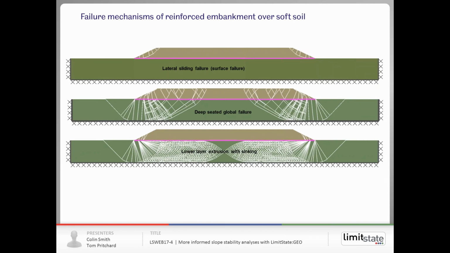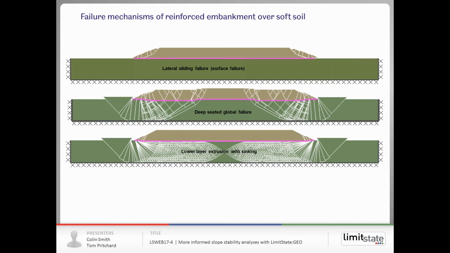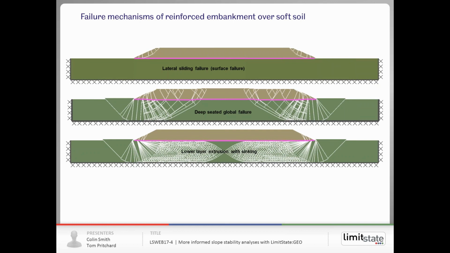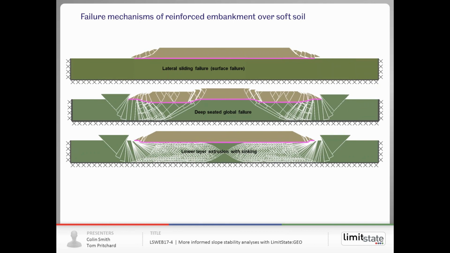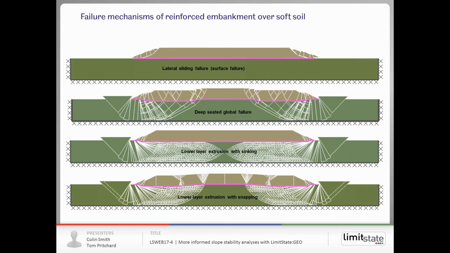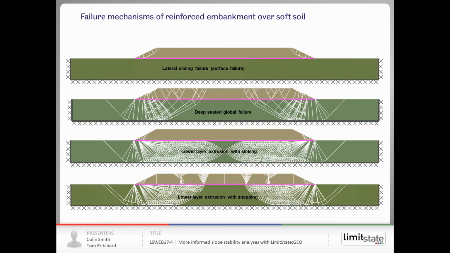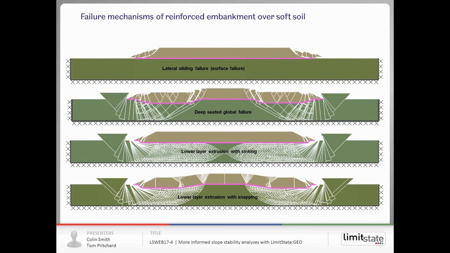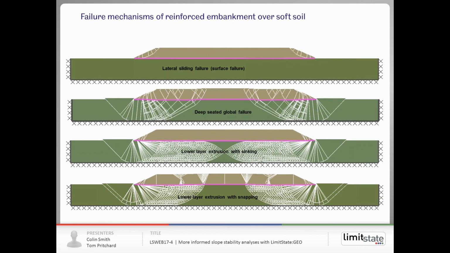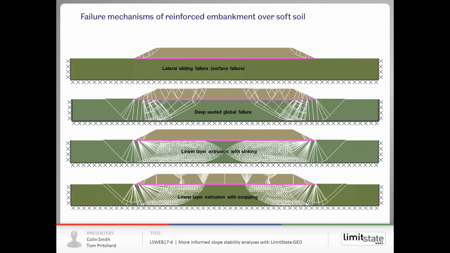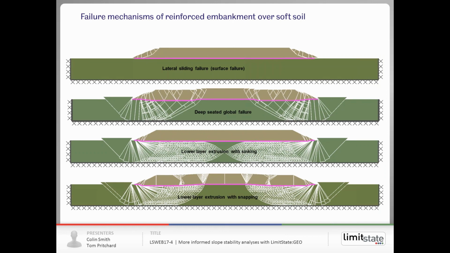If it's very soft, then you can just find the whole embankment effectively sinks downwards and extrudes the clay sideways, a kind of extrusion problem. Or you can get a similar mechanism, a bit of a mix of the second and third mechanisms, where you get a bit of extrusion and the reinforcement bending effectively at those points. So we can model reinforcement in there.